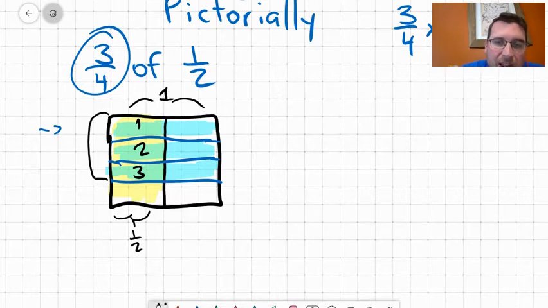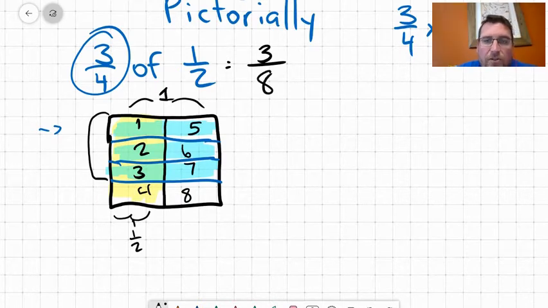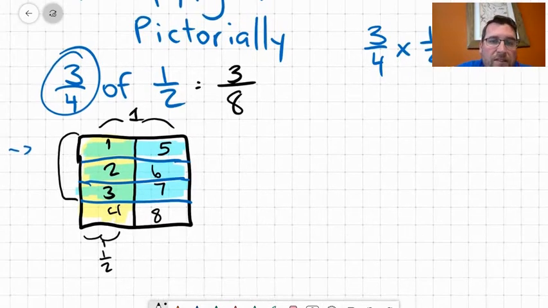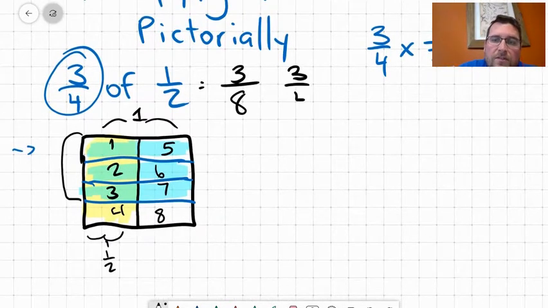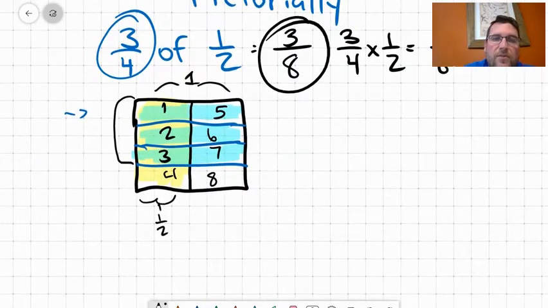So that's 3. And then how many total sections are there? Well, there's 1, 2, 3, 4, 5, 6, 7, 8. There's 8 total sections. Now, it makes sense because if I multiply my numerators together and my denominators together, I get 3 times 1 is 3, and 4 times 2 is 8. And so there we go. So we know that 3/4 of 1/2 is 3/8.